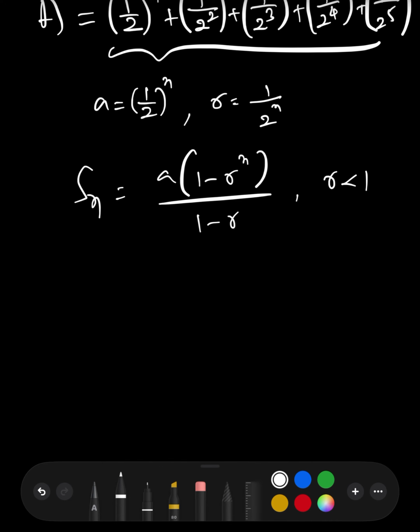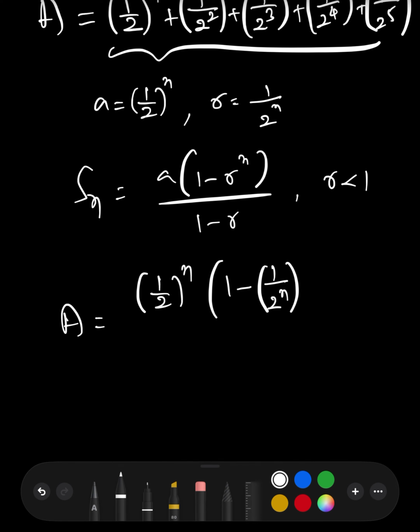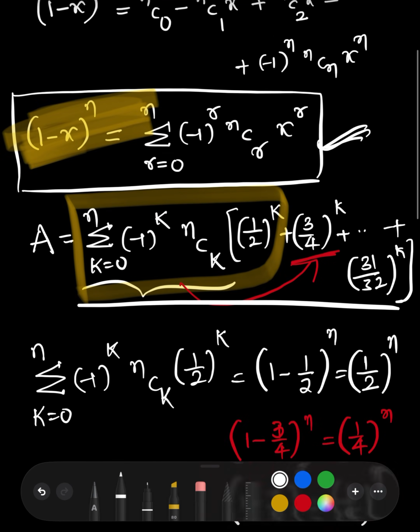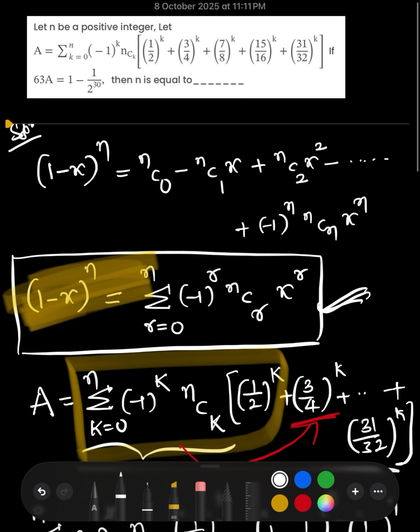So here clearly capital A equals (1/2)^n into 1 minus ((1/2)^n) whole power, and the number of terms here is 5, divided by 1 minus (1/2)^n.